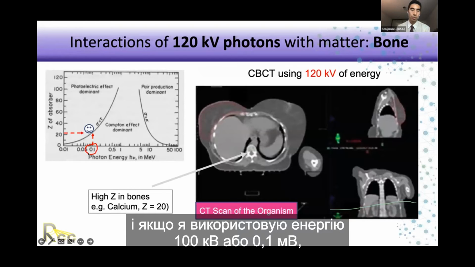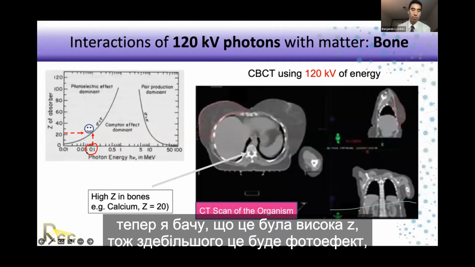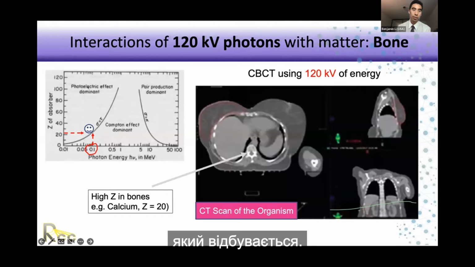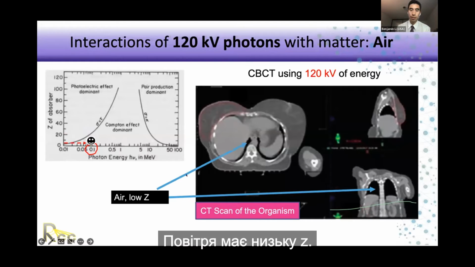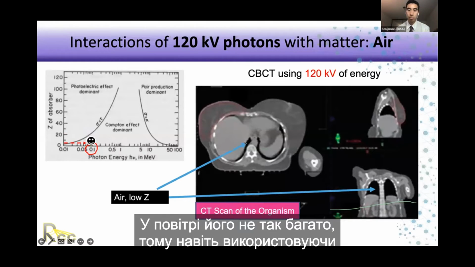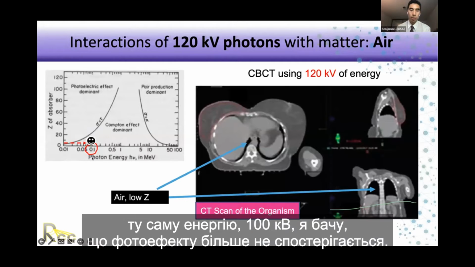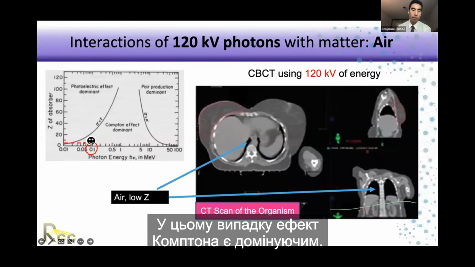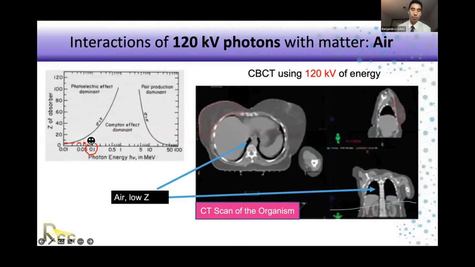And so here, if I'm using 100 kV energy or 0.1 MV, now I can see, okay, this was a high Z. So mostly it's going to be the photoelectric effect that happens. Air has a low Z. There's not much in air. And so even using the same energy, 100 kV, I see that, wow, I'm no longer getting the photoelectric effect. In this case, the Compton effect is dominant.